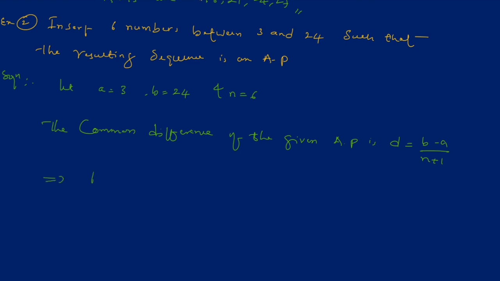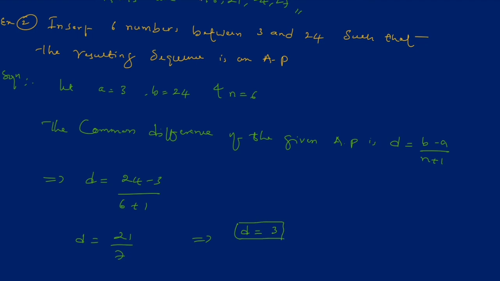So the value of d equals 24 minus 3, the value of b is 24 minus the value of a, which is 3, upon n plus 1, 6 plus 1. We get d equals 21 upon 7. So the final value of d is 3, since 7 threes are 21, right?